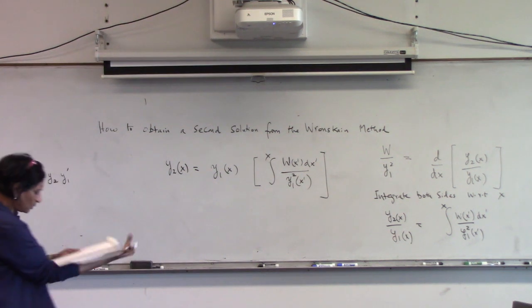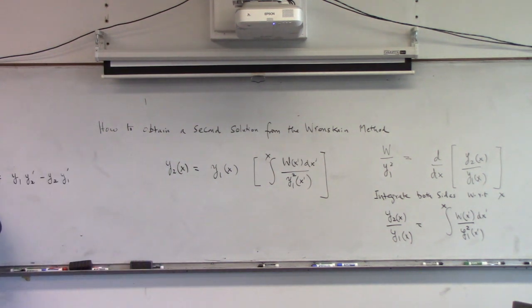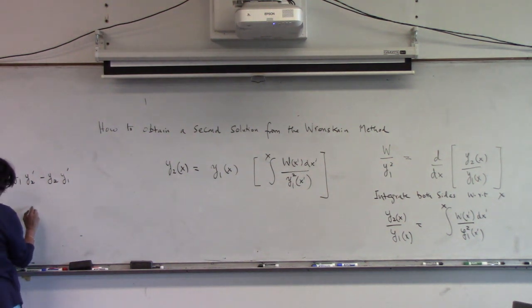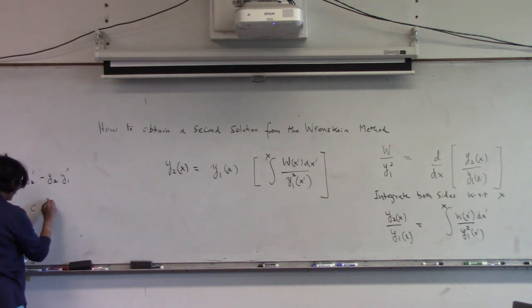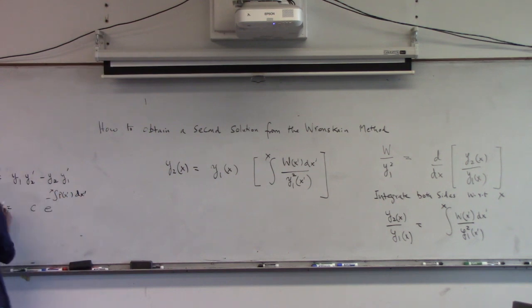Okay, so the other formula for the Wronskian is the following. This is one, but this is the most useful one for predicting the second solution. W equals some constant times the exponential of minus the integral of p(x') dx'. W is always a function of x.